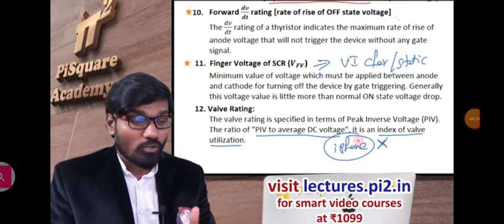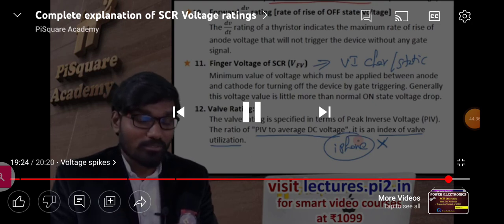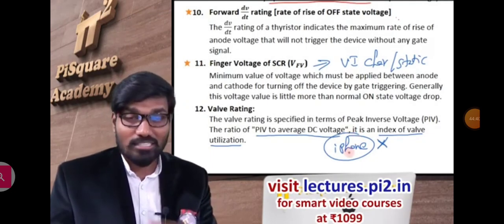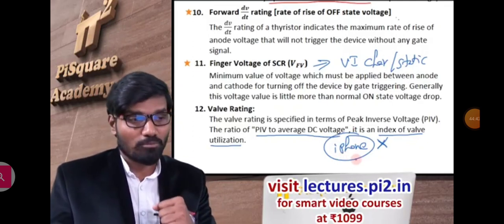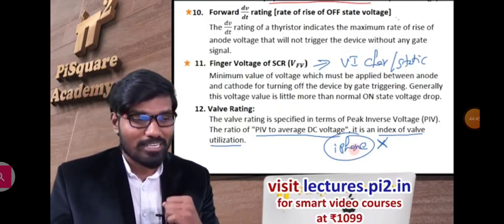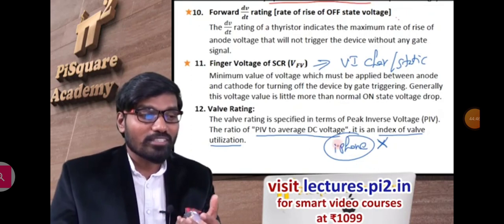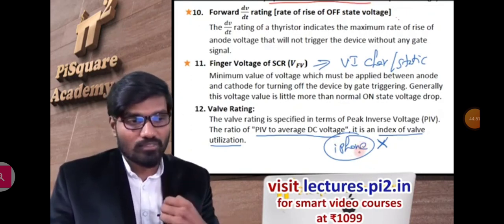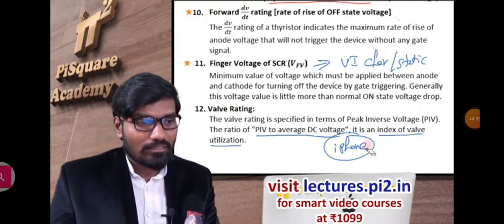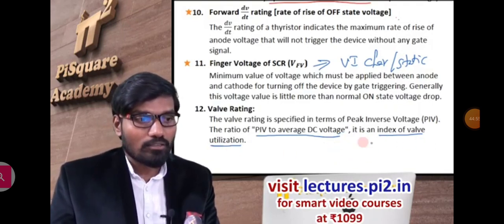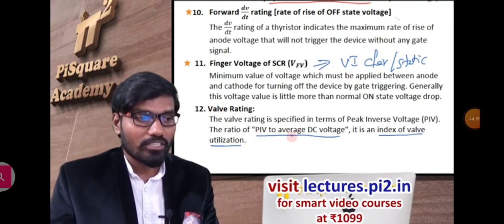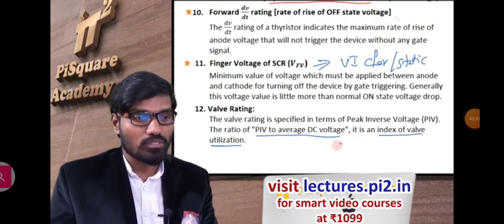Of course, I'm not talking about today's grandmothers; there might be a few who are well acquainted with iPhones. But in most cases, there is no point in gifting an iPhone to your grandmother because it will be underutilized. So that valve utilization point, this valve rating gives the ratio of PIV to average DC voltage.